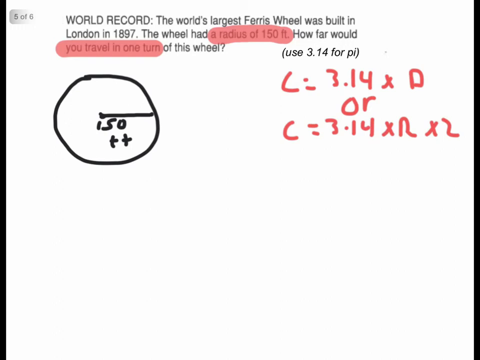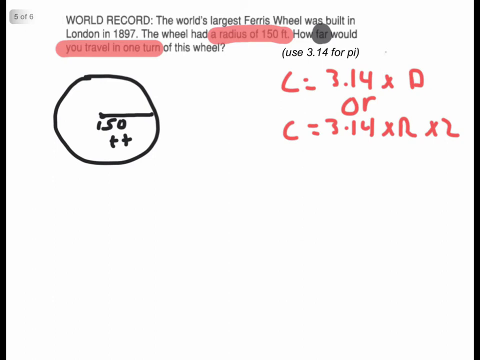Well, when it's talking about how far, that's a distance. And when we're talking about a distance, you see here that says how far. That's a distance around. And when we're talking about distance around, that's what circumference is. So we need to calculate our distance. Okay. So I should also highlight in the problem far, because that's really important. So how far would you travel in one turn of the wheel? Okay.